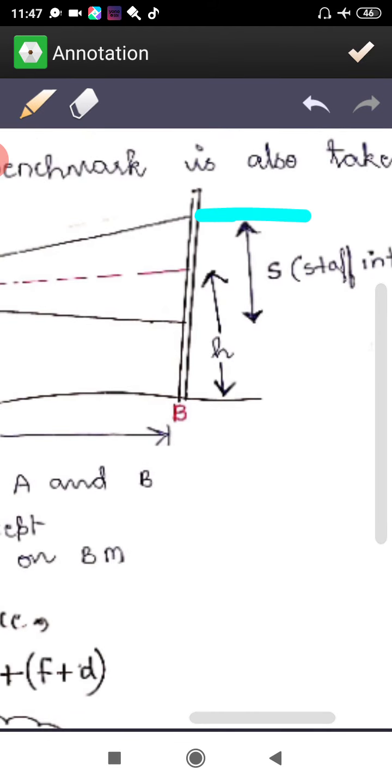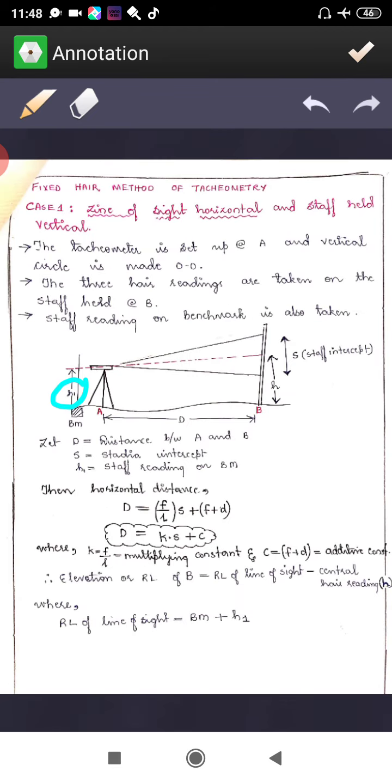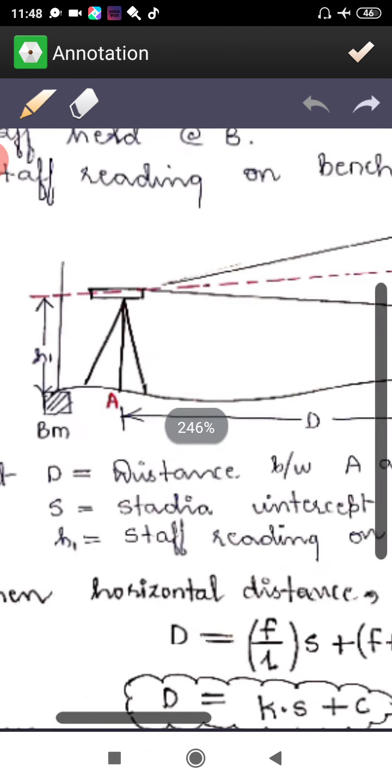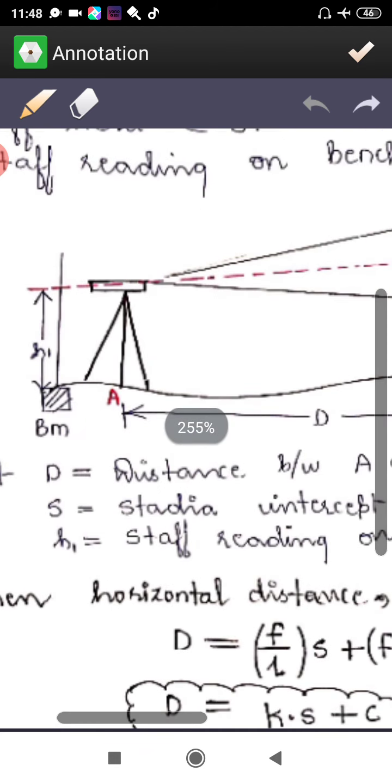As I said, the difference between the upper and bottom crosshair staff readings we call the staff intercept. From the center crosshair reading to the ground, we call that small h. Then from this figure, you will have S1 here, that is the staff intercept at the staff reading taken at the benchmark.